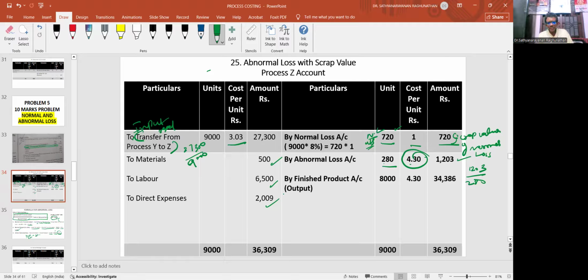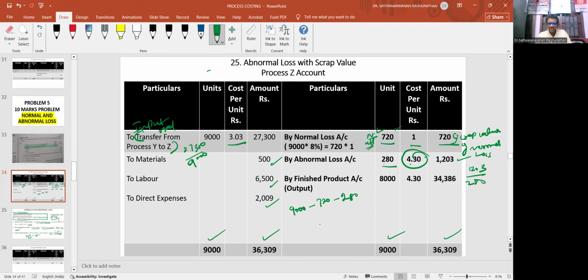Fine. Now, what is the balance? Now you have to add the debit side units column and debit side amount column. Don't worry about the cost per unit column. So 9,000 and 36,309. Now what is the balance? 9,000 minus 720 minus 280.